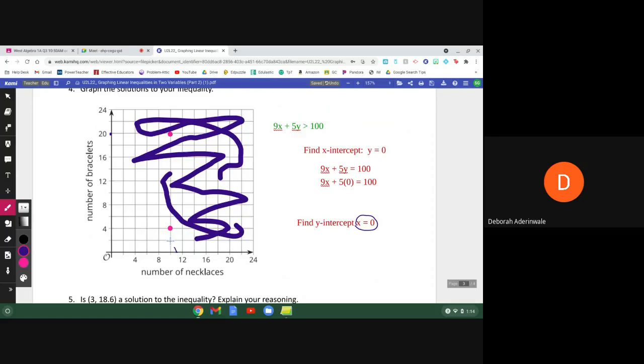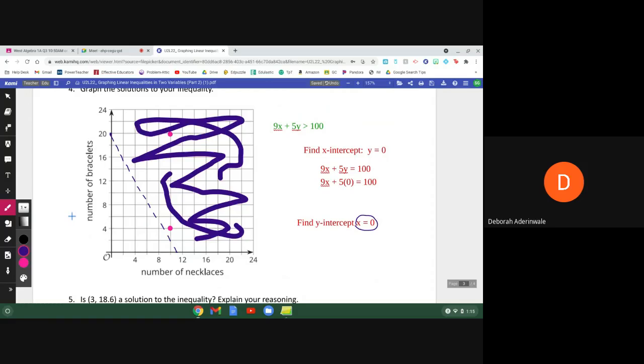What it means is that if he sells 0 y, you know what y means? If he sells 0 bracelets, how many necklaces will he sell to make the $100 we are looking for? So we now divide the $100 by the necklace price, because now he's not making any bracelet sales.